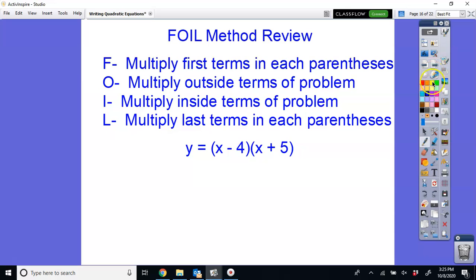I think I even have one of those. Yeah, I have one right here. The FOIL method is multiplying the first terms in each parentheses, the outside terms of the whole problem, the inside terms of the whole problem, and the last terms in each parentheses.